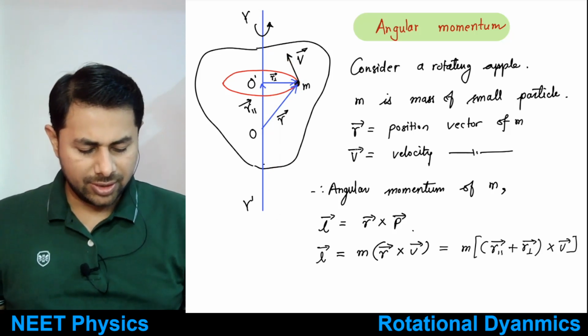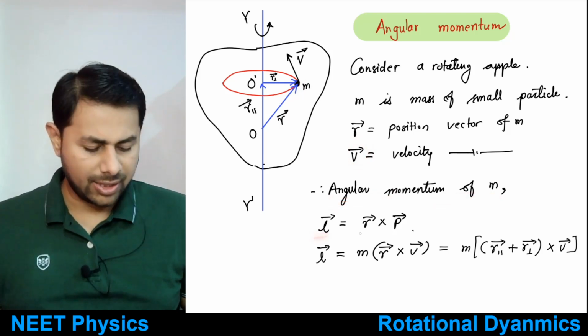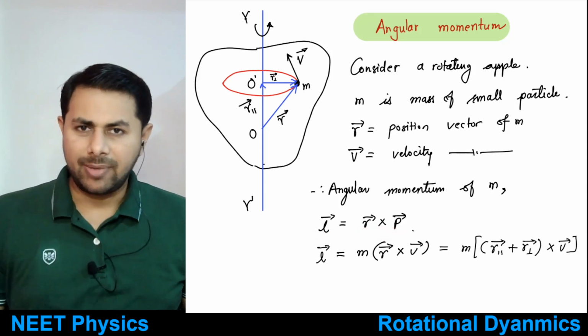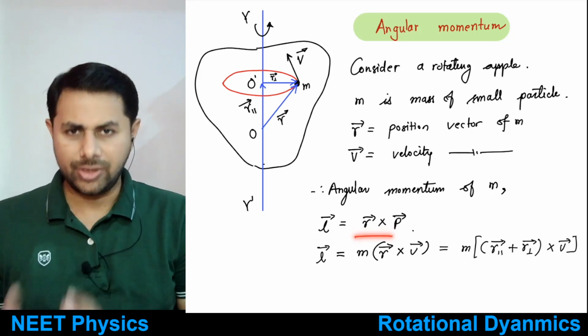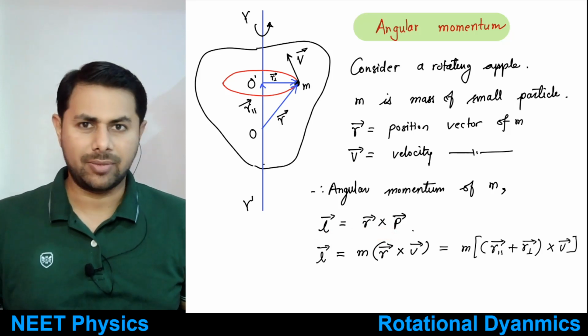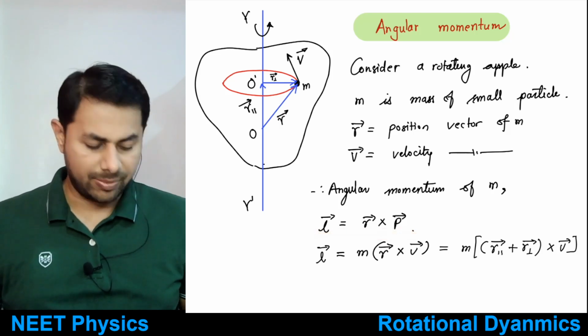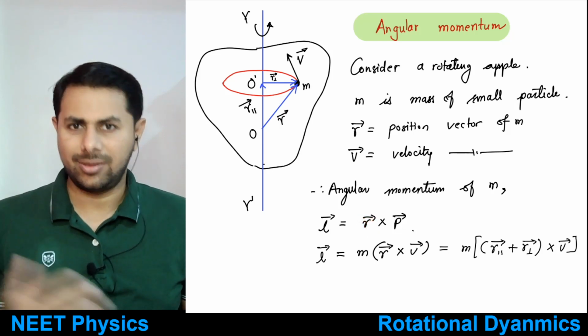So its velocity is suppose v bar, then we can say angular momentum of mass m at any given time, L bar is equal to what? R bar cross p bar, okay. Angular momentum is defined as the cross product or vector product of position vector with linear momentum, right? So we had defined this earlier also. Angular momentum is defined as cross product of r bar and p bar.